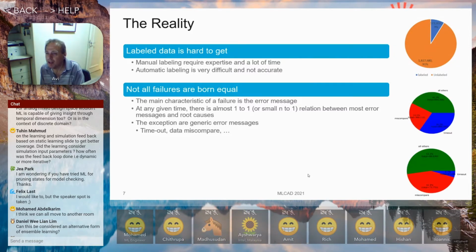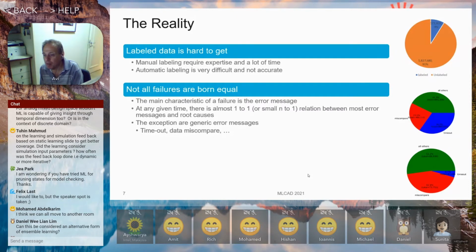So if we look at the distribution, we see that more than half of the failures that we have are coming from those hard error messages, and therefore difficult to triage, and only 40% are coming from the others.